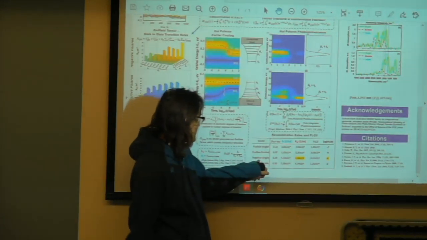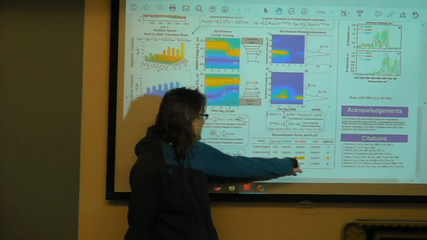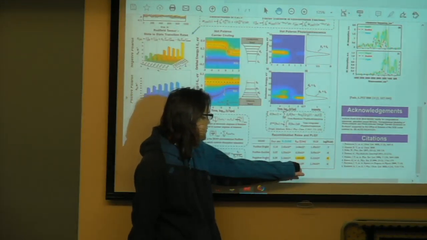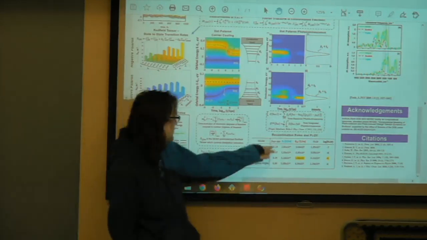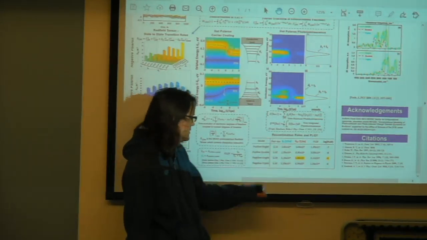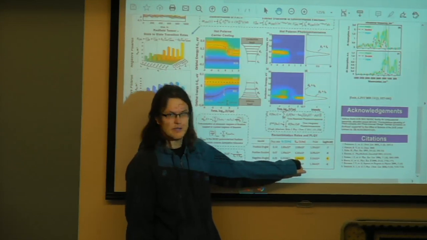The reason it is improved is that it has roughly 2 orders of magnitude lower non-radiative recombination, while they have roughly the same radiative. So the difference in their luminescence properties is due to this change in non-radiative relaxation.